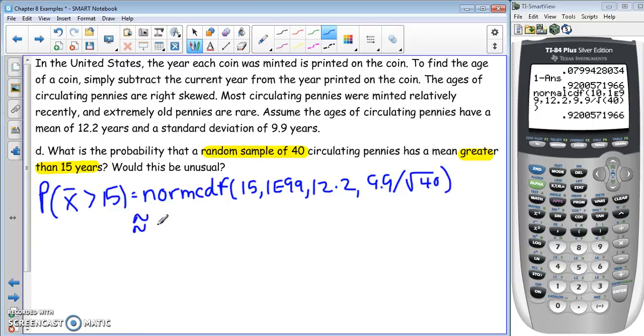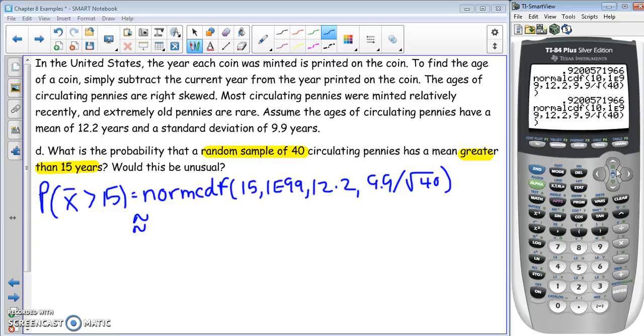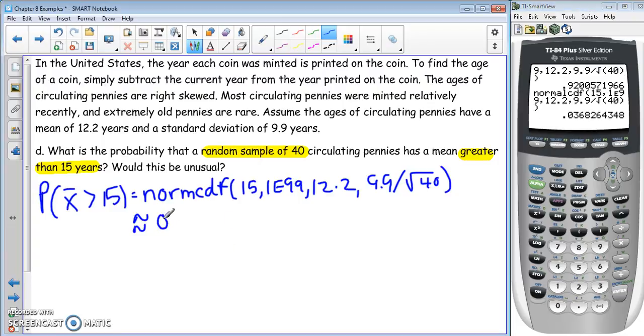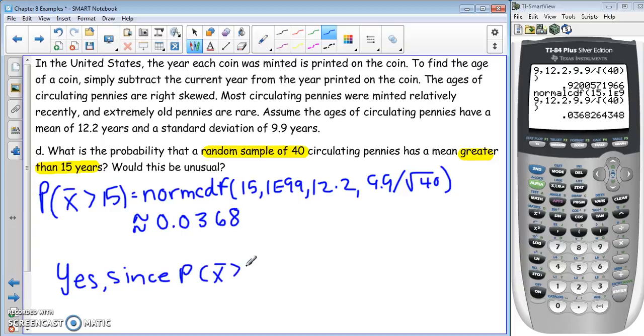I basically have something like that already typed in, so I'm going to do second enter to go back to what I typed in, type over the 10 with 15, and press enter. We get 0.0368. Then we want to know, would that be unusual? Yes, since the probability that x bar is greater than 15 is less than 0.05.